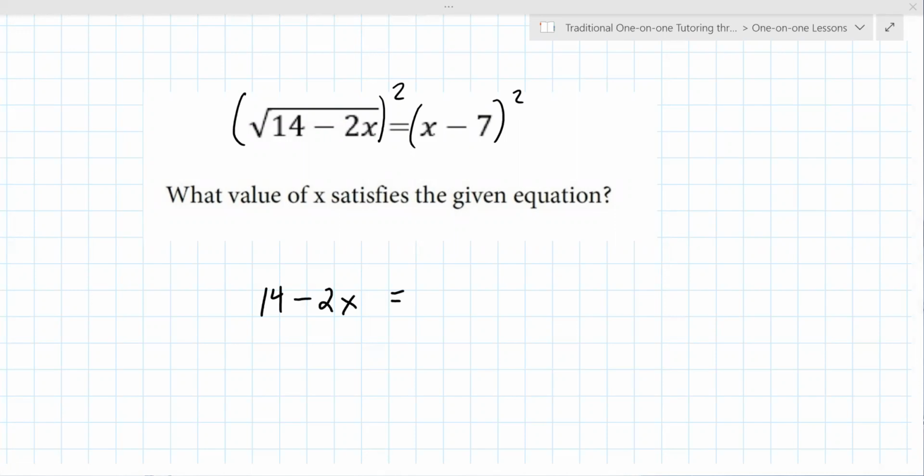It's just 2 x minus 7s, and then you want to FOIL it. I want you to FOIL the right-hand side, please. 7x. 7x. Plus 49.